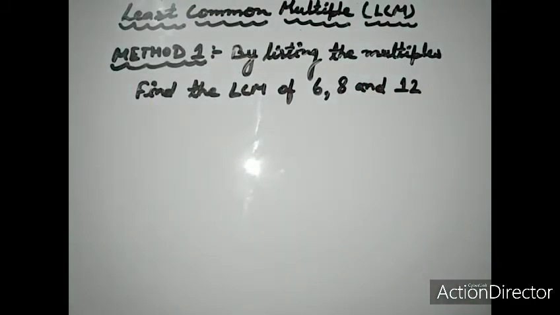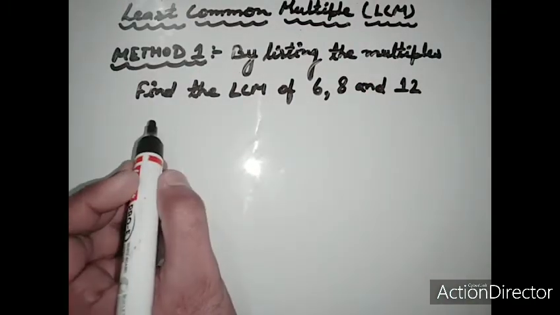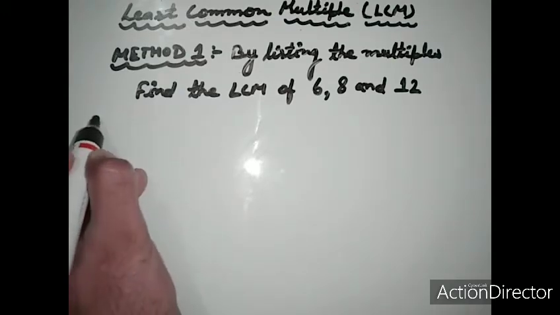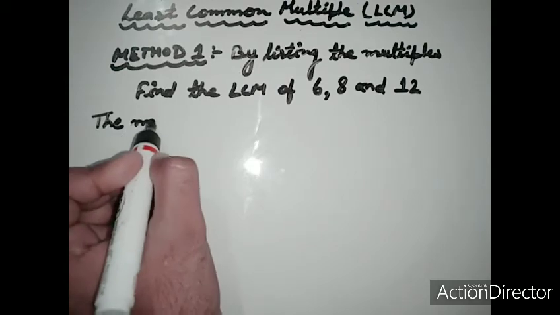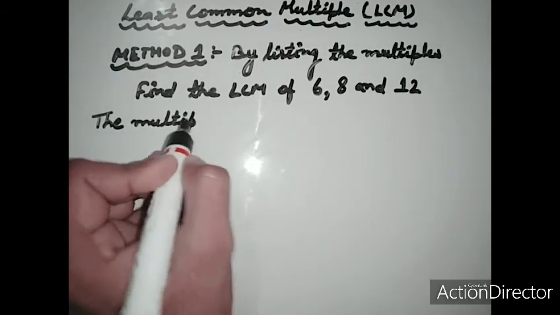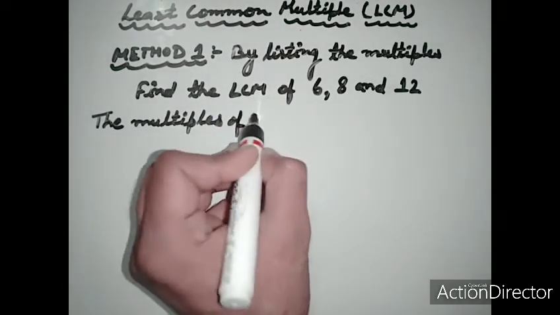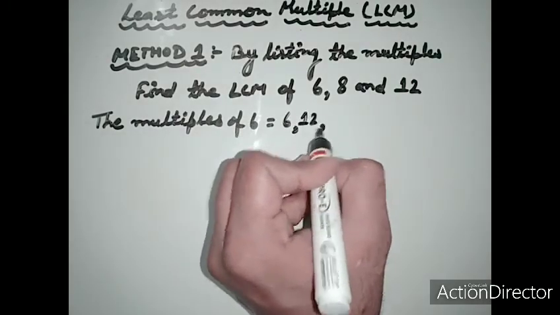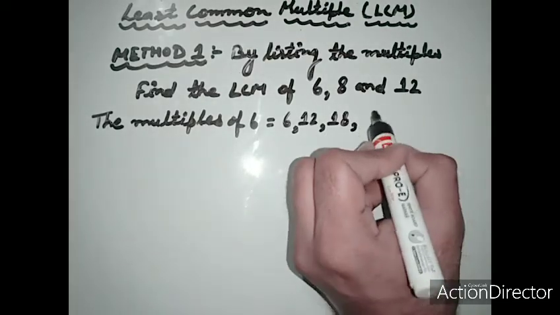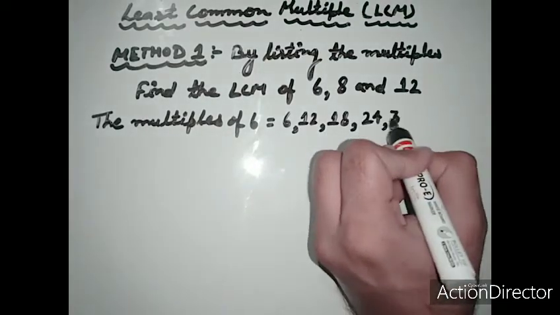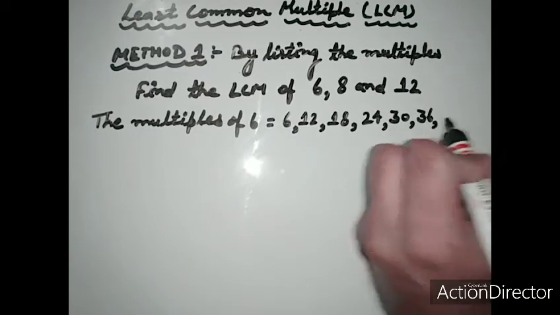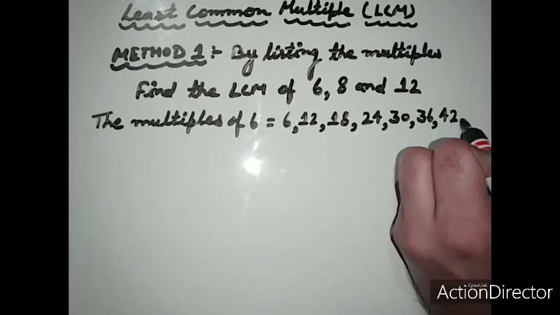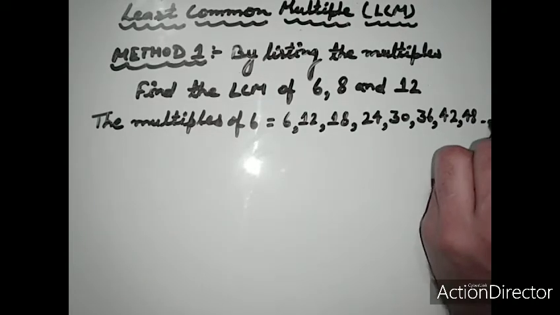So what we do here, first we write the multiples of 6, multiples of 8 and multiples of 12. Multiples of 6 are: 6 ones are 6, 6 twos are 12, 6 threes are 18, 6 fours are 24, 6 fives are 30, 6 sixes are 36, 6 sevens are 42 and 6 eights are 48, and so on.